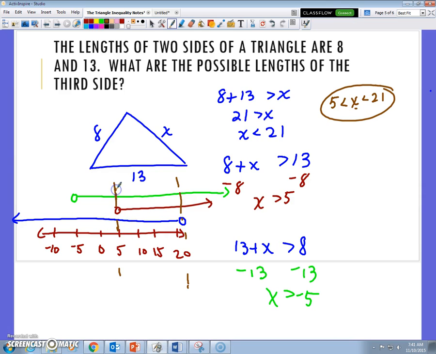They all have 5, however, it's not included. They all have 21, however, it's not included. This little segment right here is the only part that all 3 restrictions share. Those are the only lengths that the missing side could be. So any side length in between 5 and 21 will make a triangle.